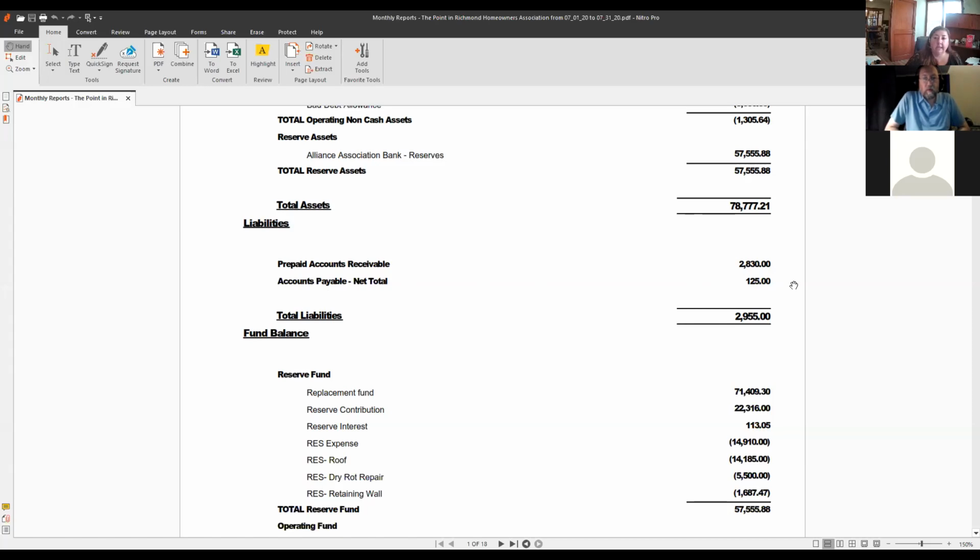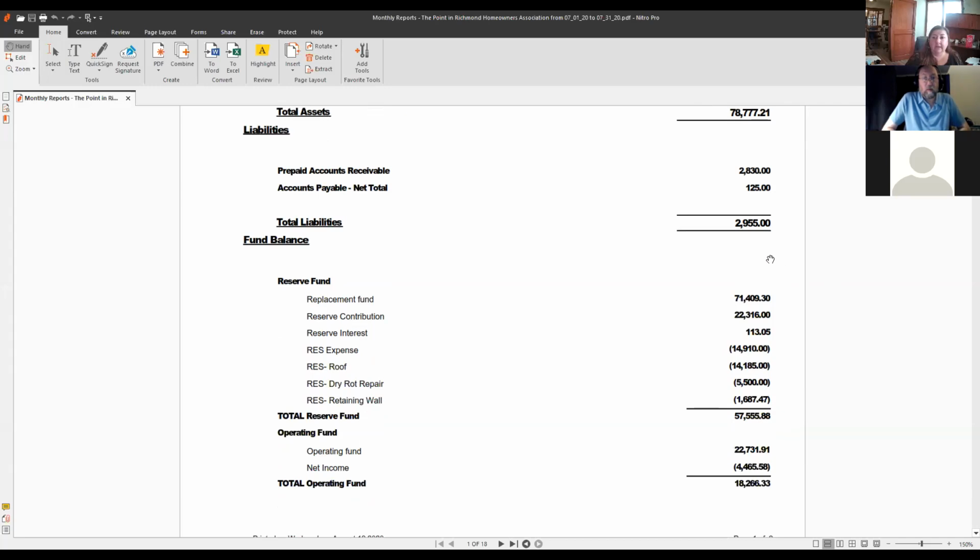So say a vendor's invoice comes in right at the end of the month, but because, who knows, the board's sitting on approval, it didn't make it through, and we didn't pay it until the following month. We actually owe that vendor at the end of the month. So we recognize that expense, we list that as a payable, and we will go through to see what the details of this are behind the balance sheet. Everything behind the balance sheet is supportive of what's here on your balance sheet.